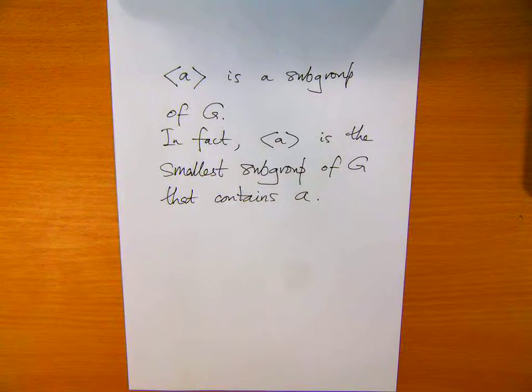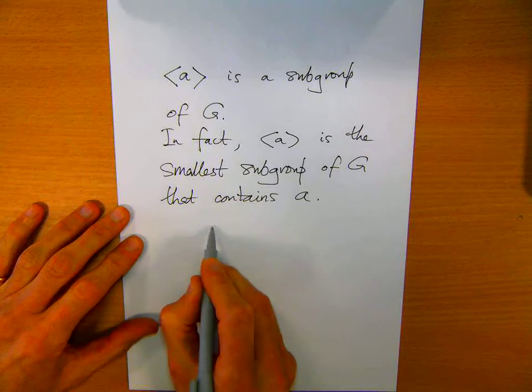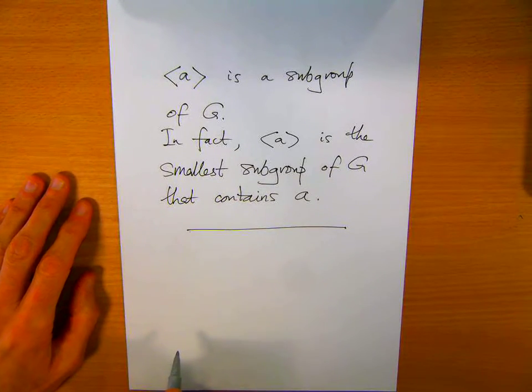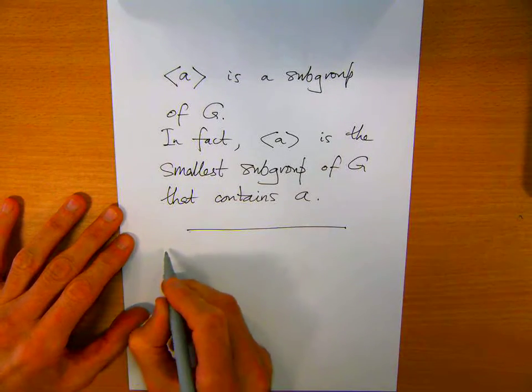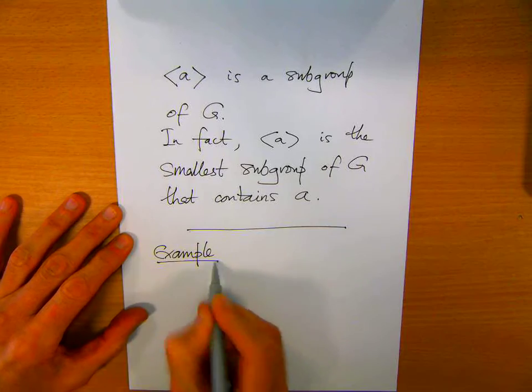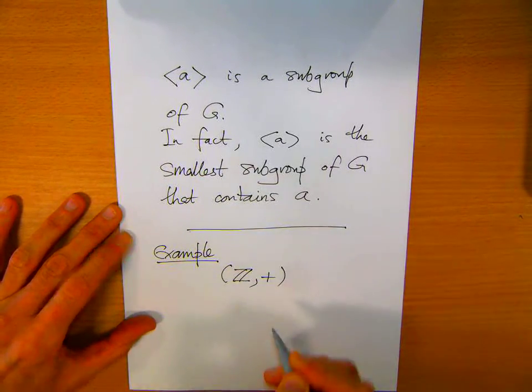Okay, so at first sight, that's a use of cyclic groups. We had one or two examples last time. Let's do one or two more examples. Well, let's look at a very important group. Let's take the integers under addition.